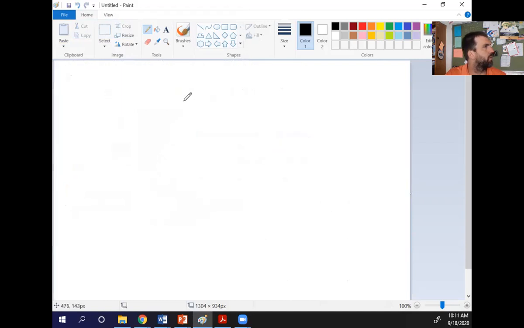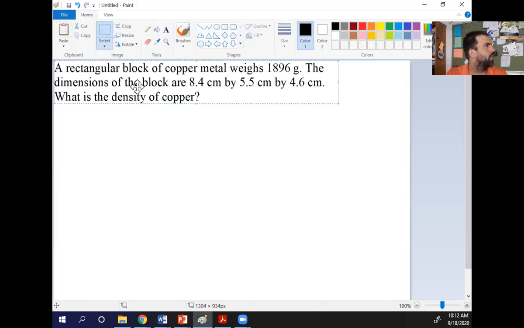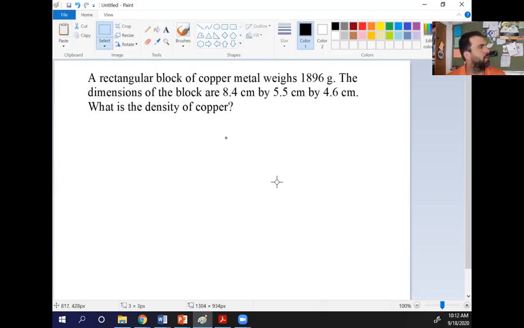Still the same thing, but why is it not pasting? Let me see why that didn't paste. There we go. Last example.